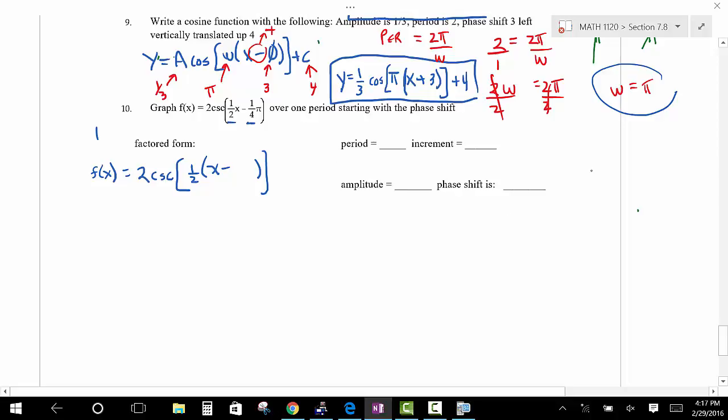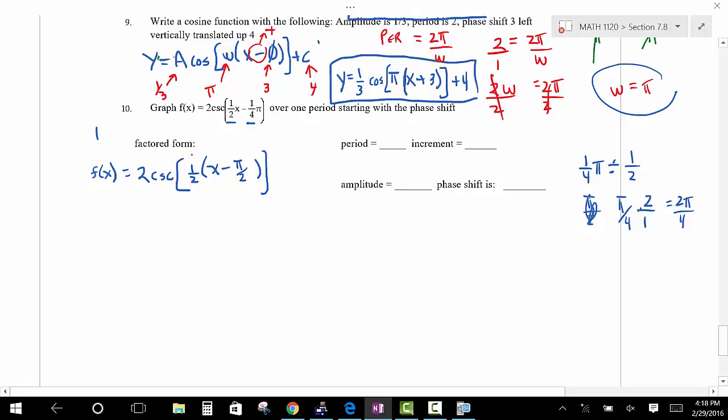You've been taking the 1/4 pi and dividing it by that coefficient of x. How do you divide by 1/2 anyway? Times it by 2. So this is pi over 4 times 2 over 1, which is 2 pi over 4. That reduces down to pi over 2. So what's going to go there is pi over 2.